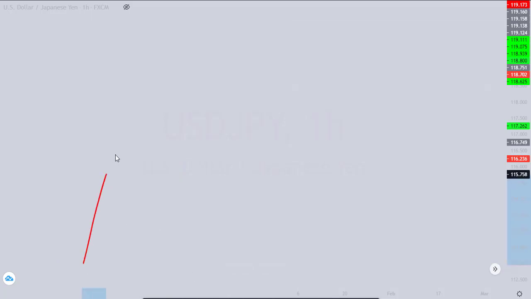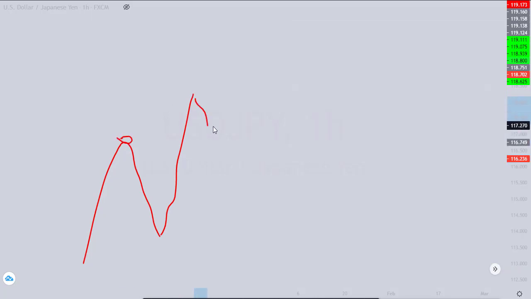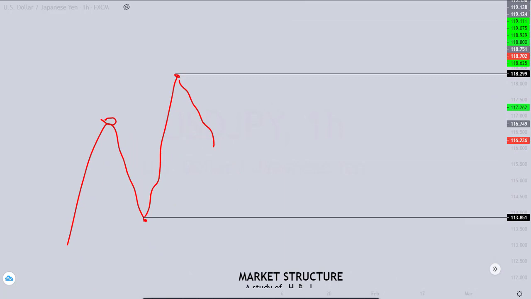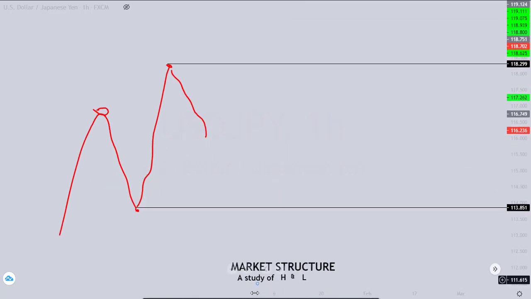I repeat again, if price is going higher and makes a retracement, and then price goes higher and breaks this structure and starts pushing down, this is your trading range. You have to mark that zone and wait for the market to come back to your certain level of interest, maybe here or somewhere here, depending on the structure you have here, because there are different types of structure that you have to look for.